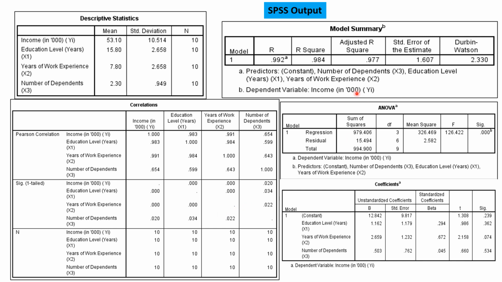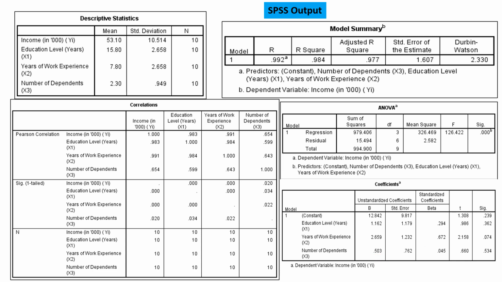This is the model summary of R and R square. This is the ANOVA table. We did not discuss ANOVA in this case, and this is the coefficients table as I have mentioned. Beta 0 is 12.842, beta 1 is 1.162, beta 2 is 2.659, and beta 3 is 0.503.